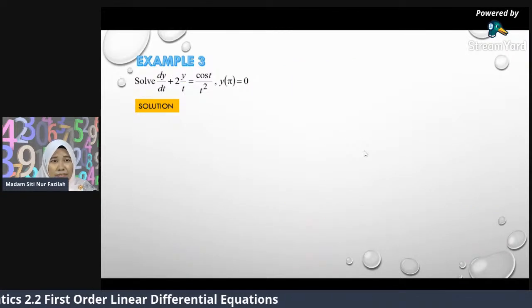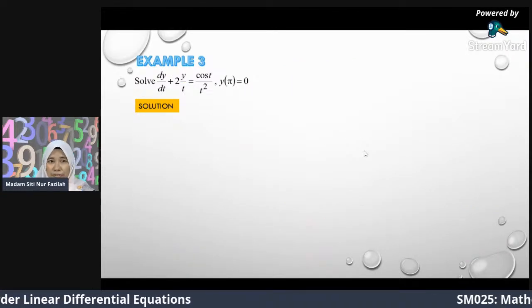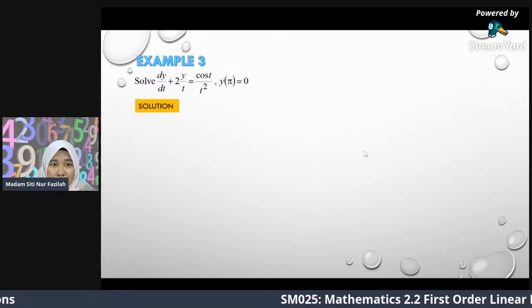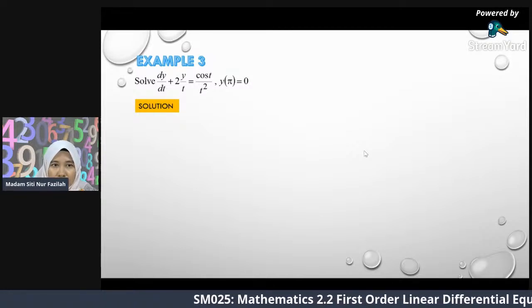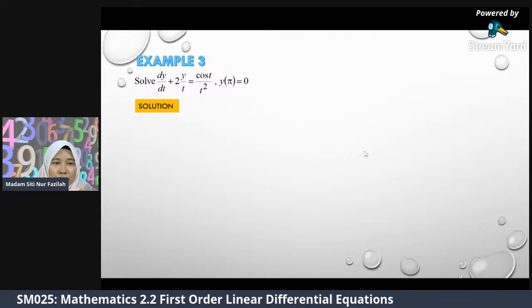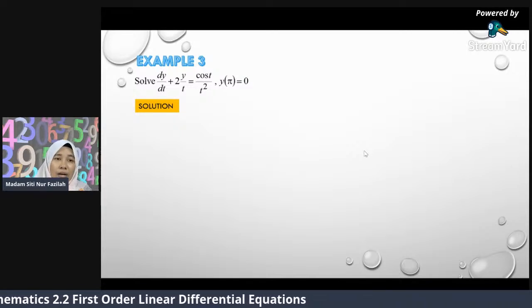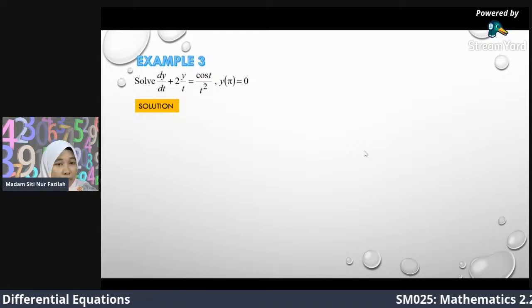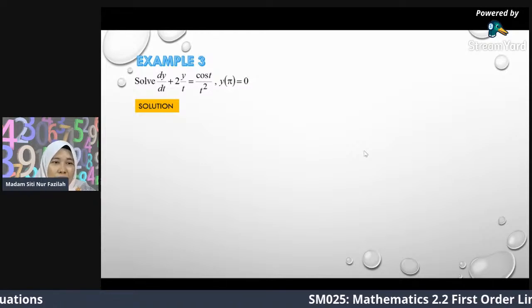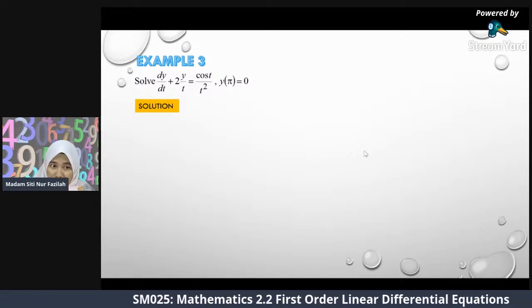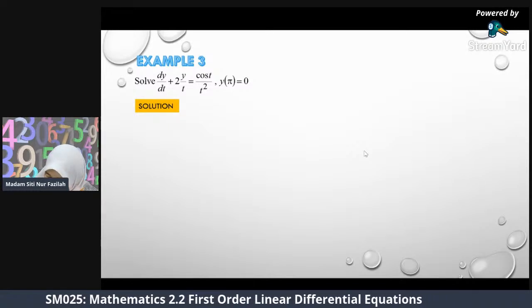Next, we try example 3. Example 3 is solve dy over dt plus 2y over t equal cos t over t square. Our derivative is dy over dt. It's always dy over dx, but this one is dy over dt. That means the standard form here is different.